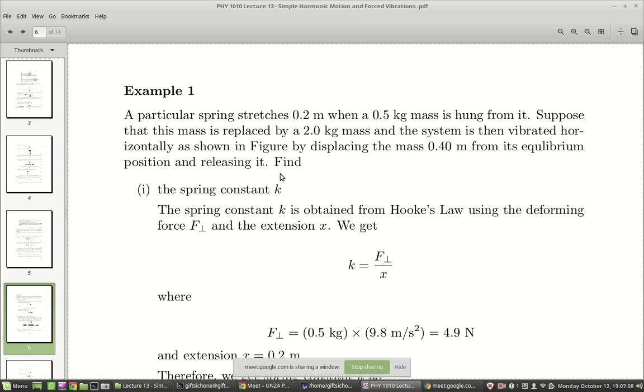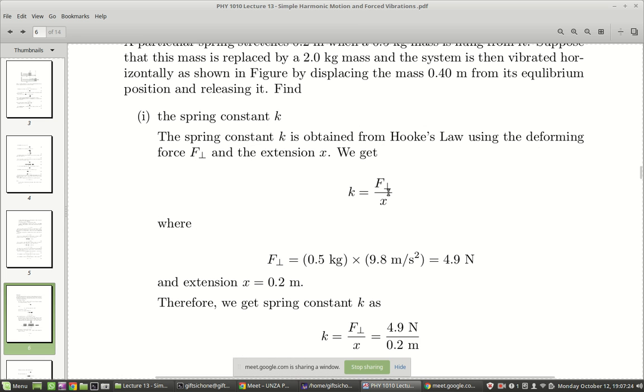In our case, the F which stretched the spring the first time around was 0.5 times 9.8 meters per second squared. Basically the F is 4.9 newtons. The extension caused by this 0.5 kg mass was 0.2 meters.